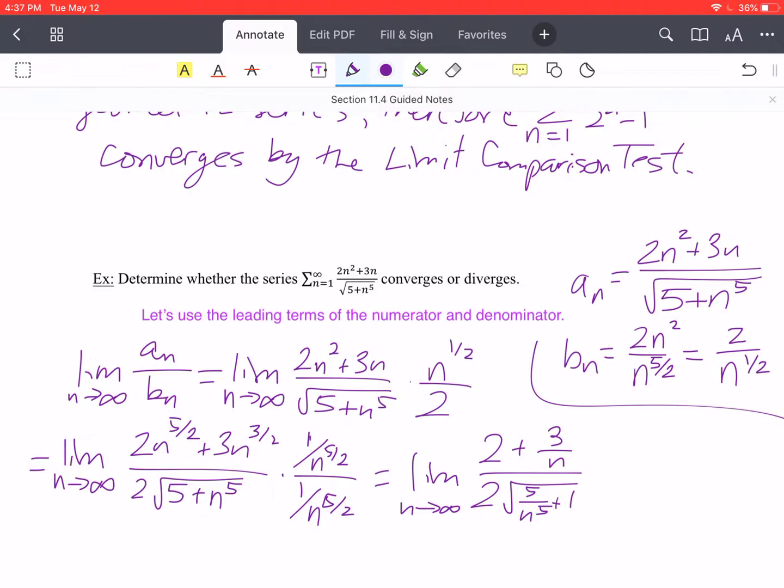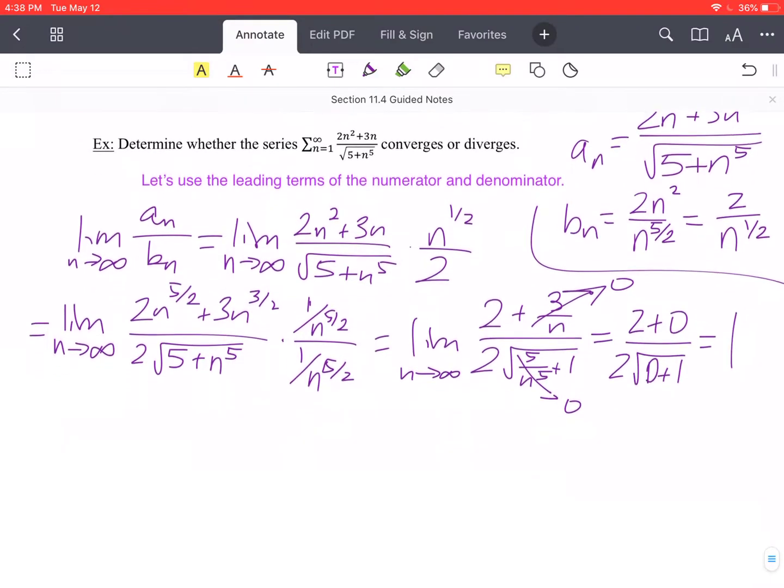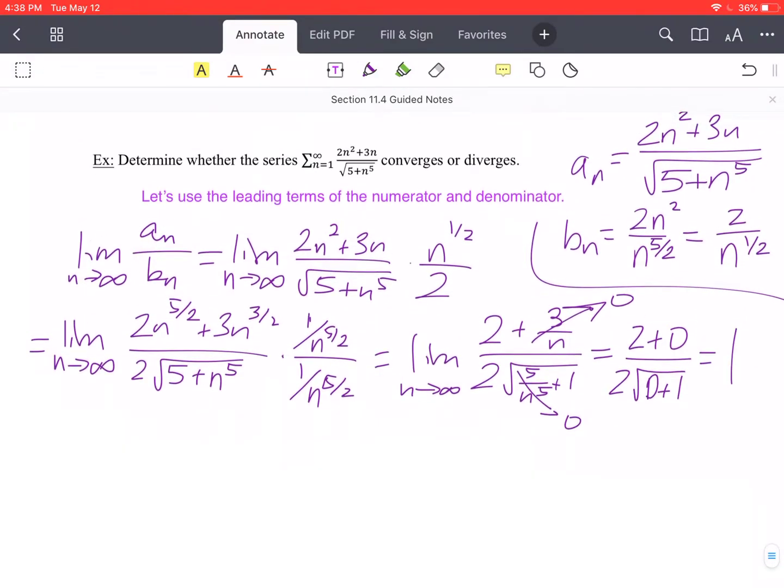And then as n goes to infinity, that goes to 0, that goes to 0. So we're left with 2 plus 0 over 2 times the square root of 0 plus 1. So 2 over 2, which is 1. So again, that does not indicate convergence or divergence, it just tells us that they're the same.